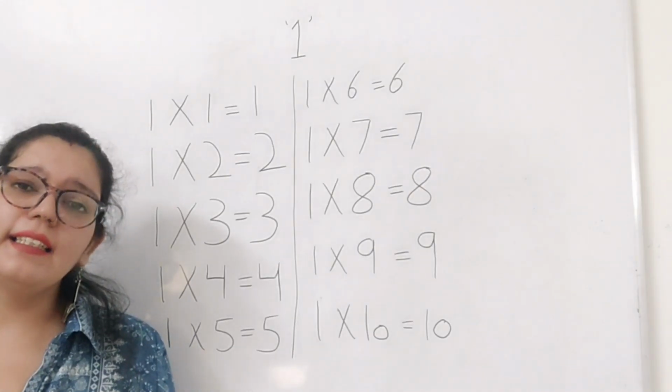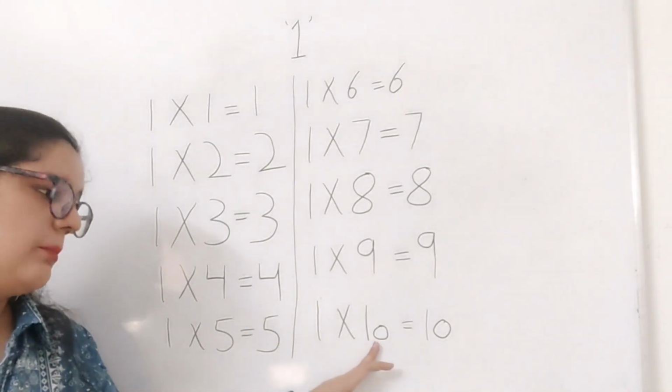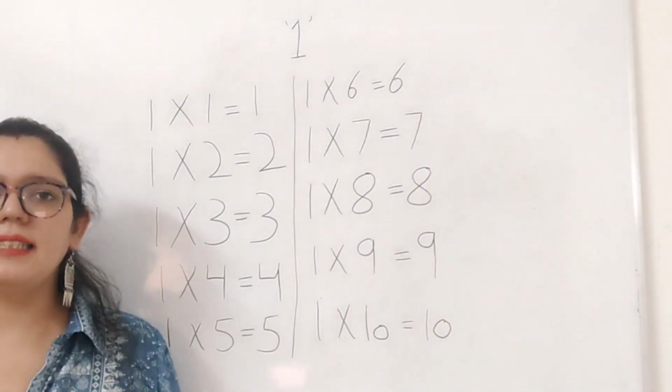So as I said earlier, if we multiply some number with 1, the result will be the number itself.